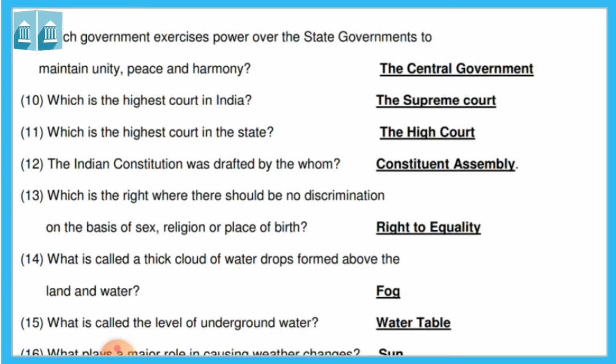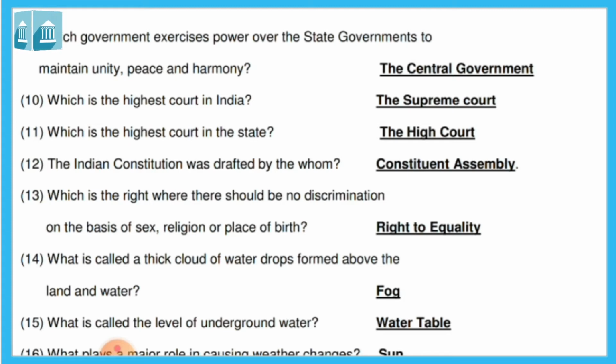Thirteenth, which is the right where there should be no discrimination on the basis of sex, religion and place of birth? Which right mentioned in our constitution says that there is no discrimination, whether you are a girl or boy, man or woman, or what your religion is, or what your place of birth is? There is no discrimination. Discrimination means bhedbhav. The right is equality, right to equality.